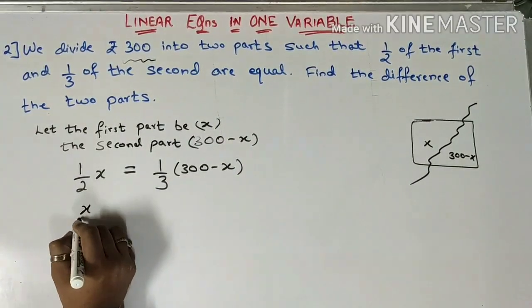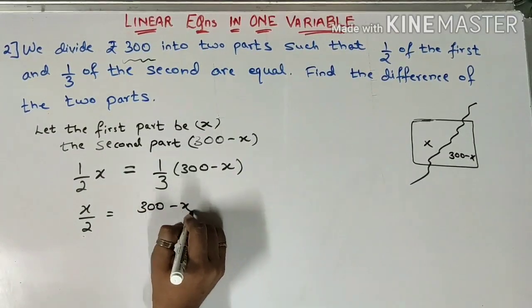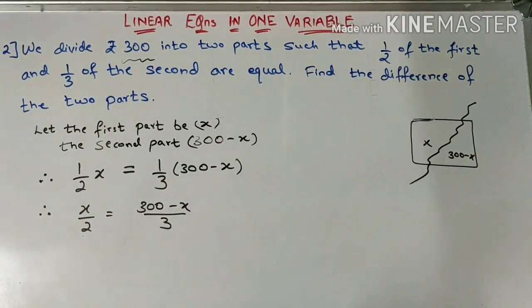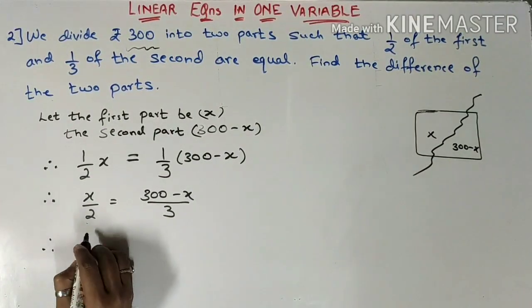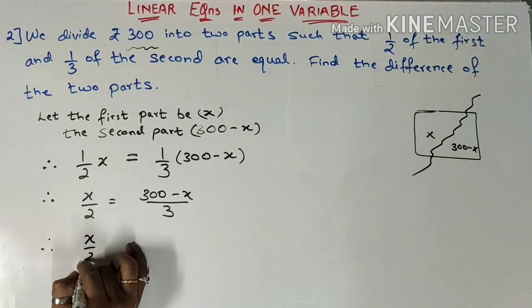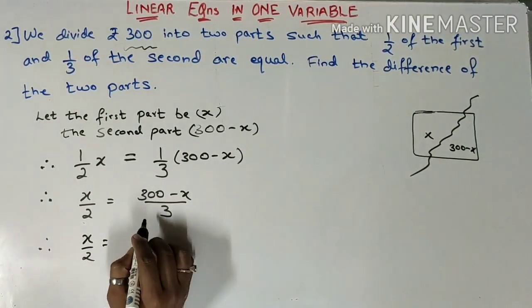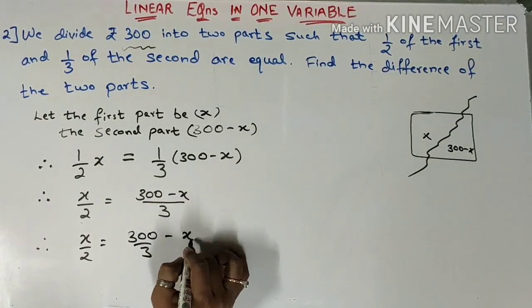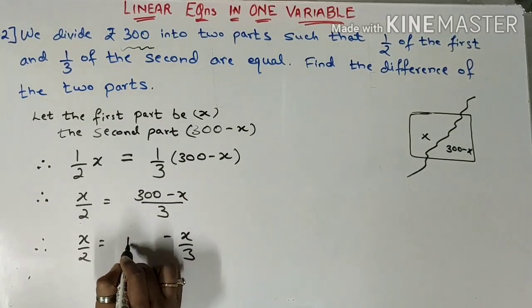So next step will be x upon 2 is equal to 300 minus x upon 3. Simplifying it further, we get x upon 2 is equal to, we separate this, so 300 upon 3 minus x upon 3. 300 upon 3 is nothing but 100.